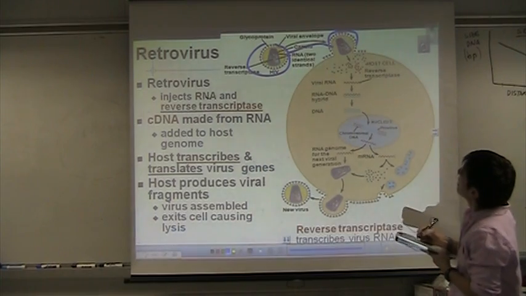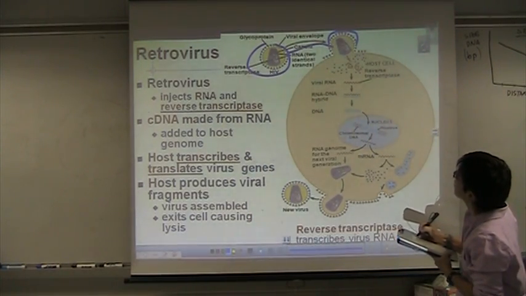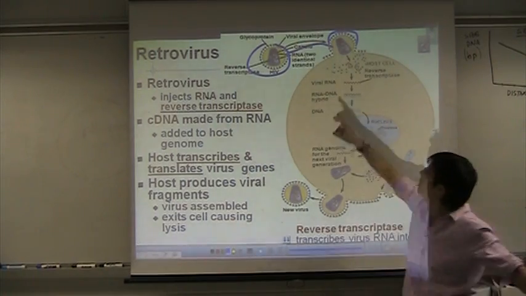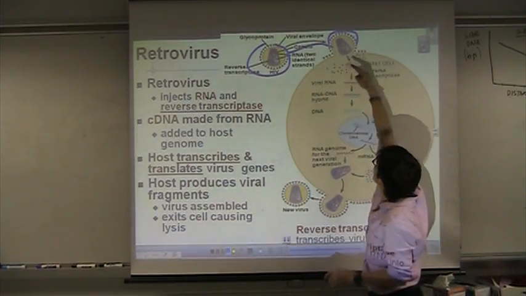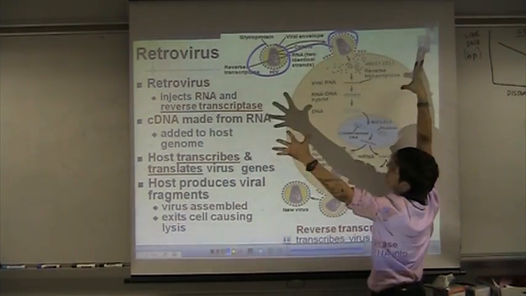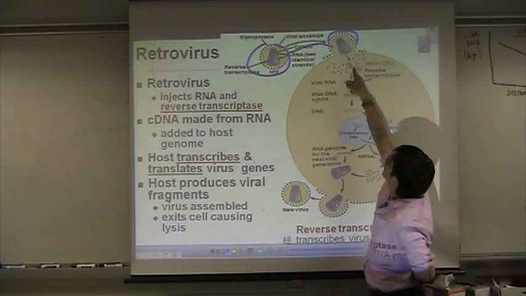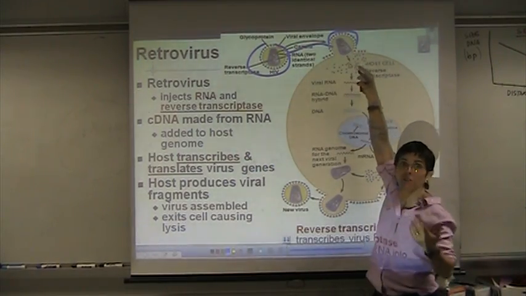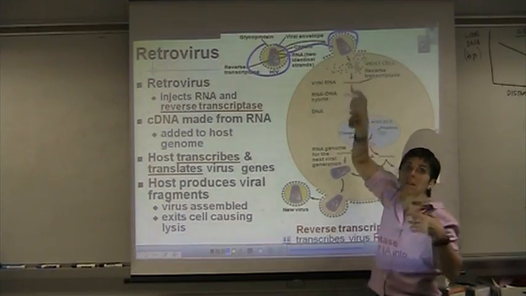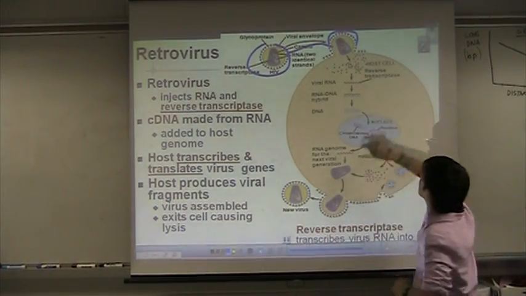Basically the membranes fuse and release the capsid. As soon as the capsid is in the cytoplasm, it disintegrates, all the proteins disintegrate, and it releases the two molecules of RNA and the two molecules of the enzyme. What happens next?